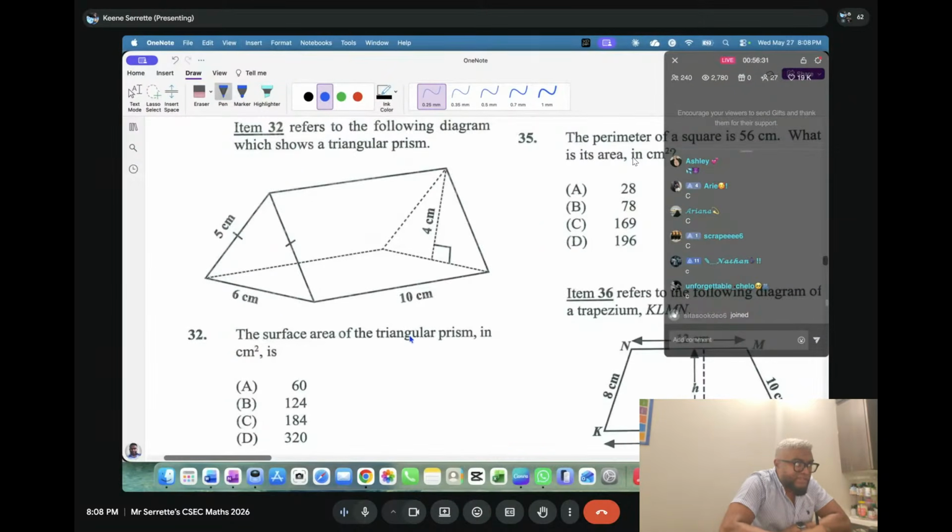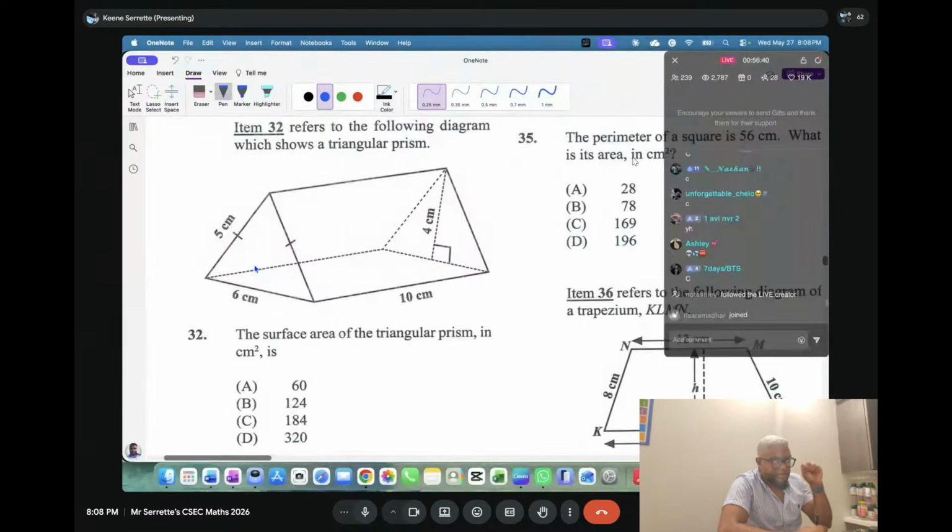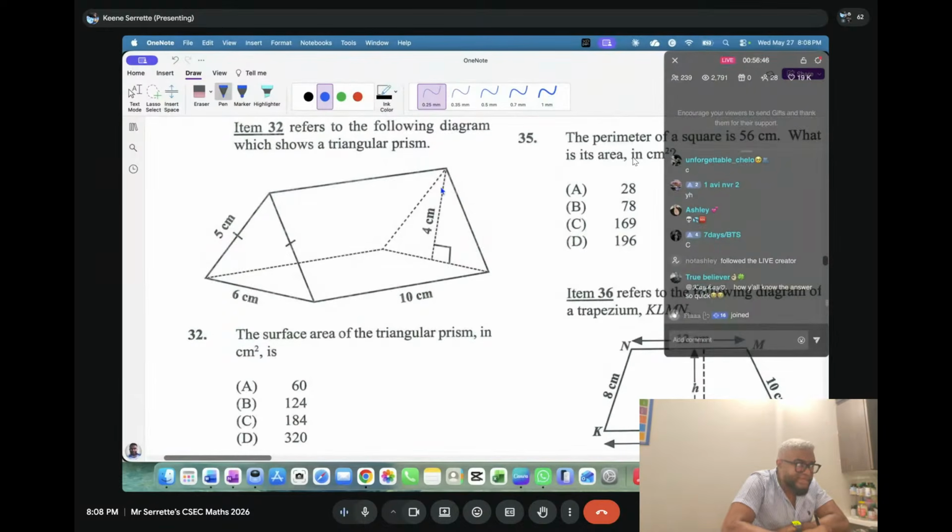The surface area of the triangular prism in centimeters, right? How many surfaces are you seeing here? 5 surfaces: 2 triangles, 3 rectangles. So we hit the triangles. The triangles will be 2 triangles.